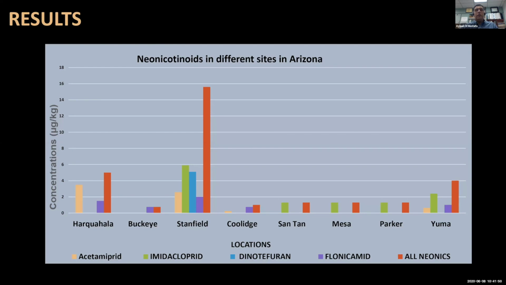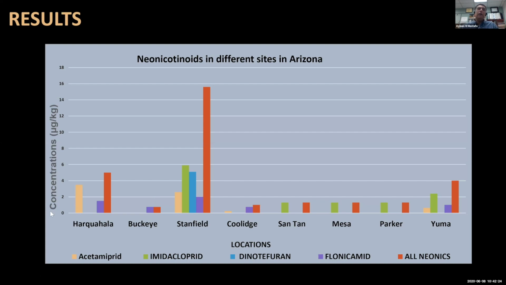This is the result of all of the neonics that we found, plus the total of neonics in different locations. As you can see, these colored bars are the different neonics in different locations, and the red one is the total of these neonics from this location over the whole season.